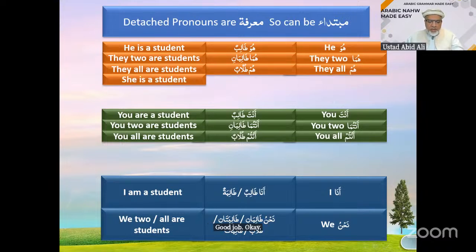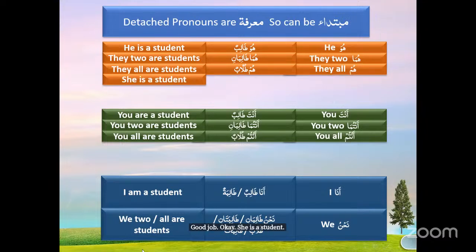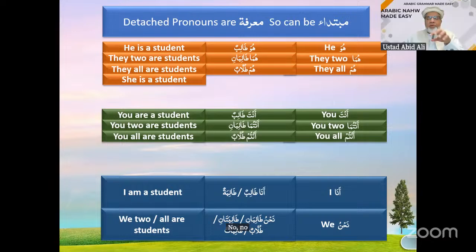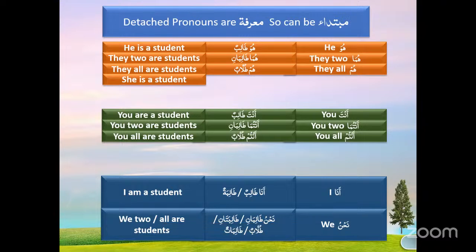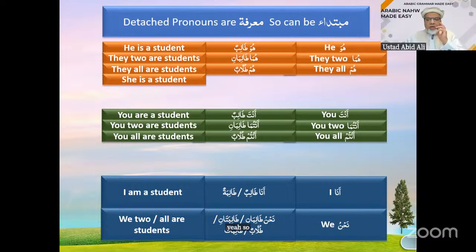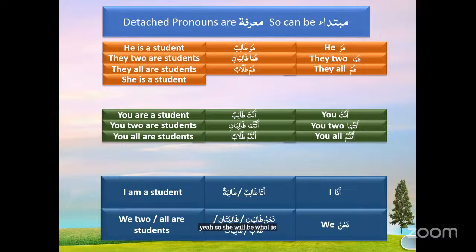She is a student. Sister Aisha. Anti talibun. She, anti will be second person, right? What is huwa in feminine? Hiya. Hiya talibatun.